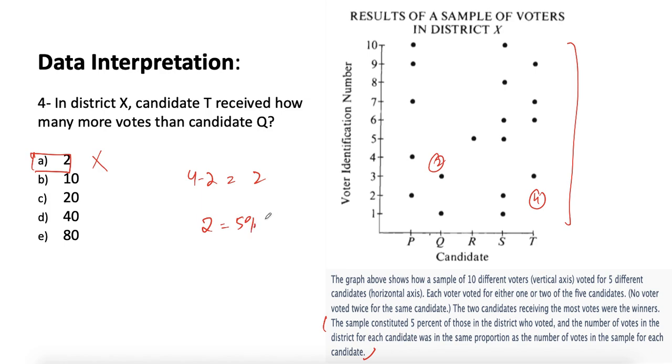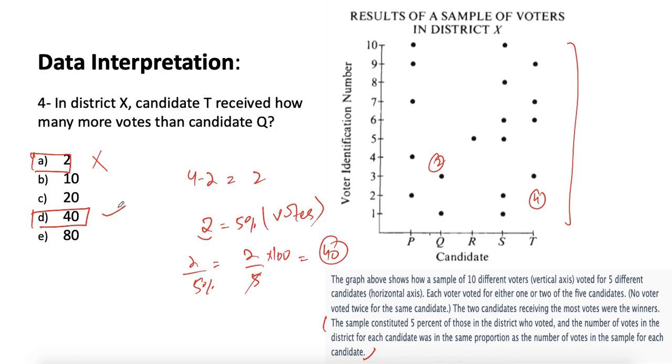This 2 will be 5% of the actual votes, and that's why our answer is 2 divided by 5%, which is equal to 2 by 5 into 100. So this will be equal to 40. So candidate T received 40 more votes than candidate Q.